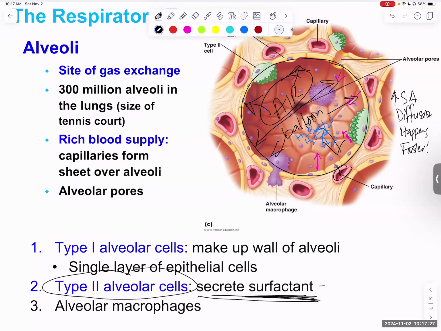And surfactant breaks apart those clicky water polar molecules that want to hang out together. So it breaks apart the water molecules so air can flow up alveoli for large surface area, quick diffusion.